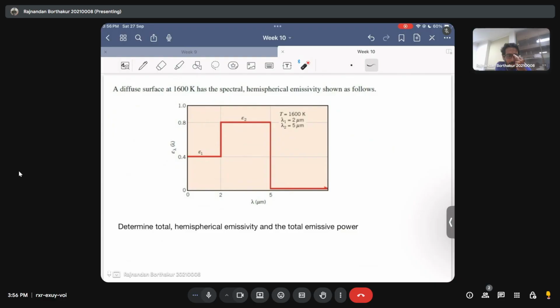So in reality this is actually not represented as a step function, because if you capture the variation of this spectral emissivity as a function of wavelength, the real graph would look something like this. So the real graph would be kind of like this.